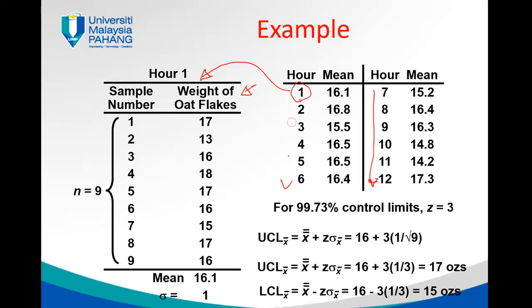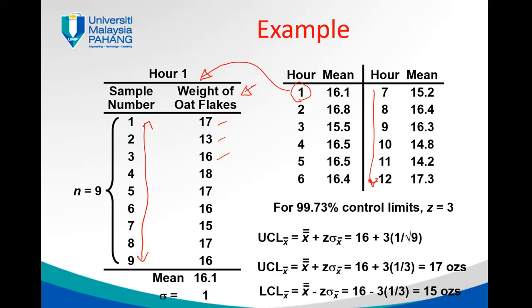For hour 1, we collect 9 samples. The first sample is 17, second is 13, then third is 16, and so on.